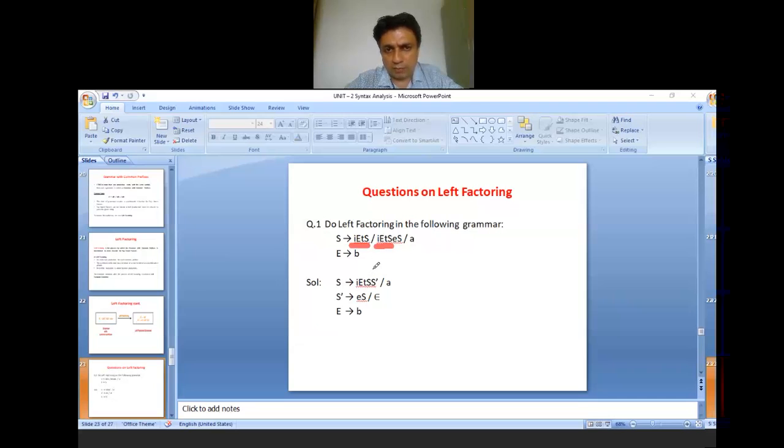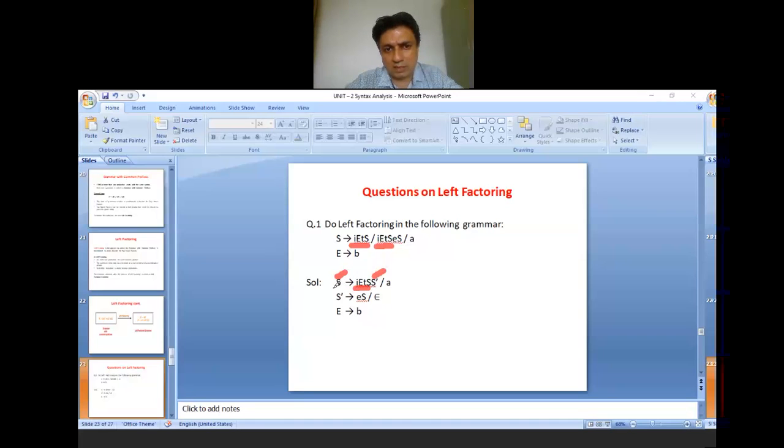By using the general rule or the general formula which we discussed in the last slide, we need to convert it. In the first iteration, we take what is common. iEtS is common, so we take iEtS and then S dash. S dash comes from the symbol which starts it.